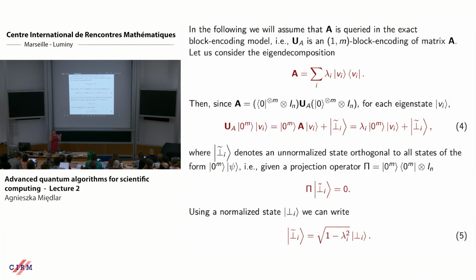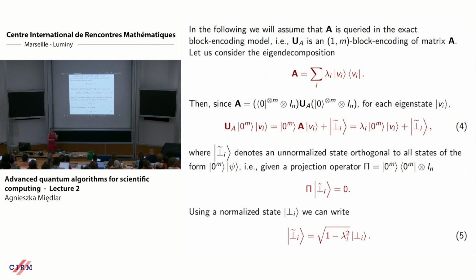All right, so in here we will assume that we can query the matrix in the exact block encoding model. So I will assume that I have access to a 1-0 block encoding of a matrix A. As a reminder, UA is a unitary matrix, and it's a 1-0 block encoding, meaning that there is no error epsilon.